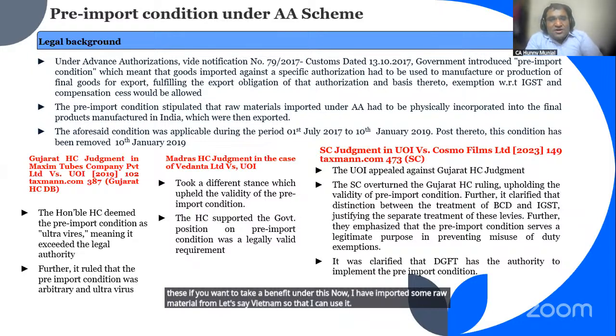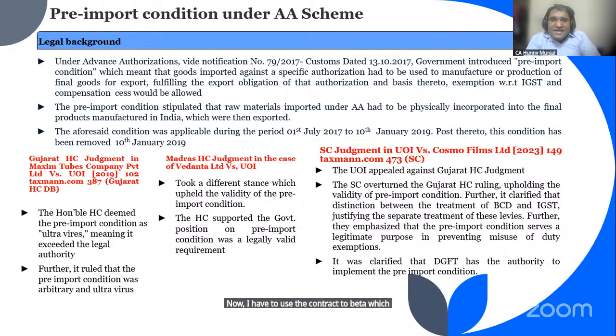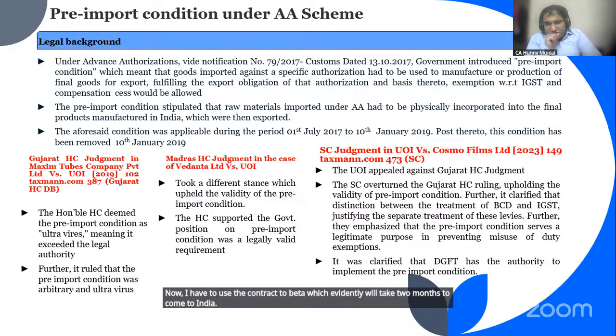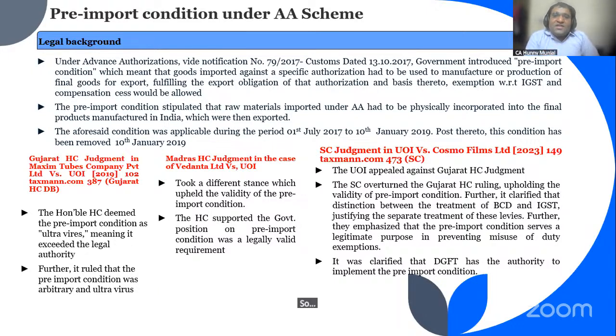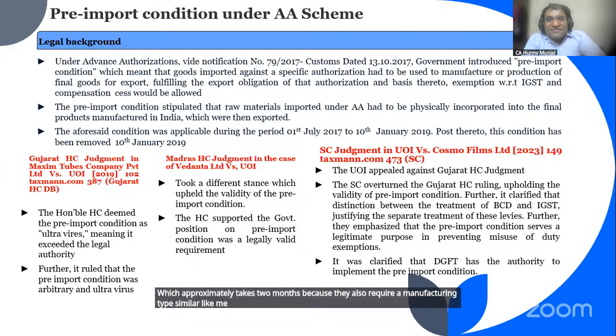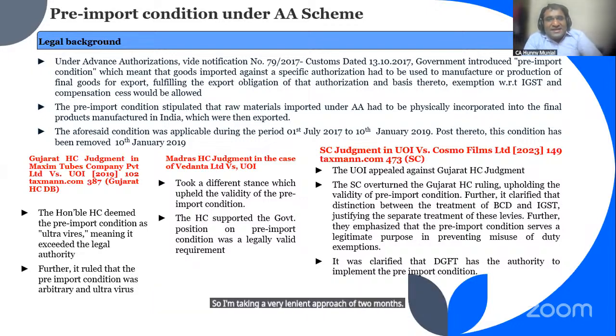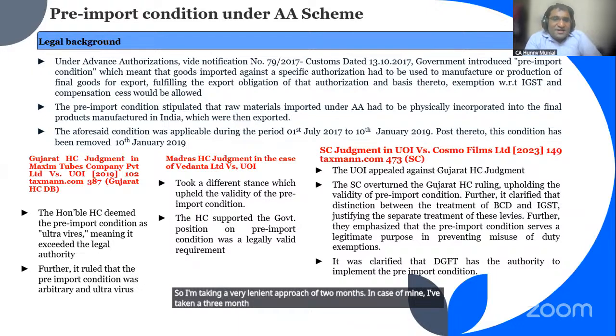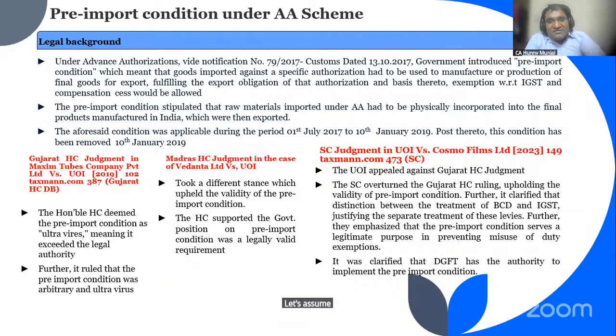I have placed a contract to Vietnam, which evidently will take 2 months to come to India, because they also require manufacturing time, similar to me. So I'm taking a very lenient approach of 2 months. In my case, I've taken 3 months for exporting outside India, but okay, the Vietnam supplier will supply me the raw material within 2 months. Let's assume in 2 months the goods have reached India.